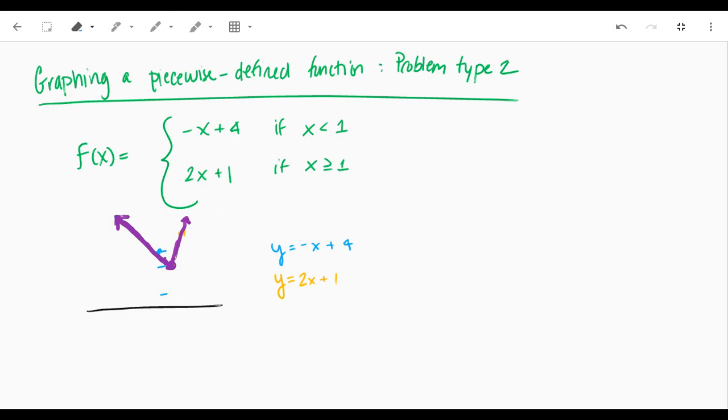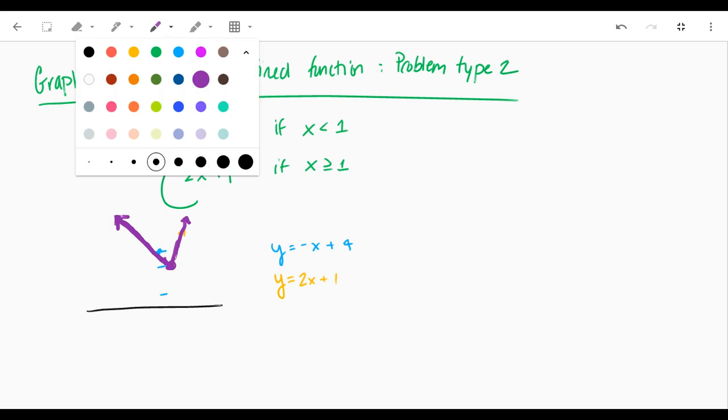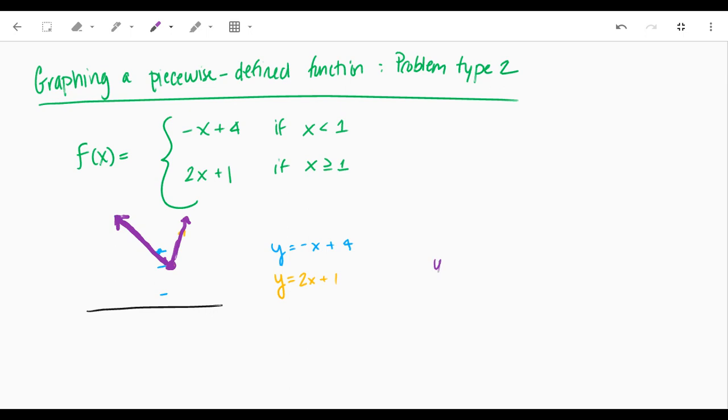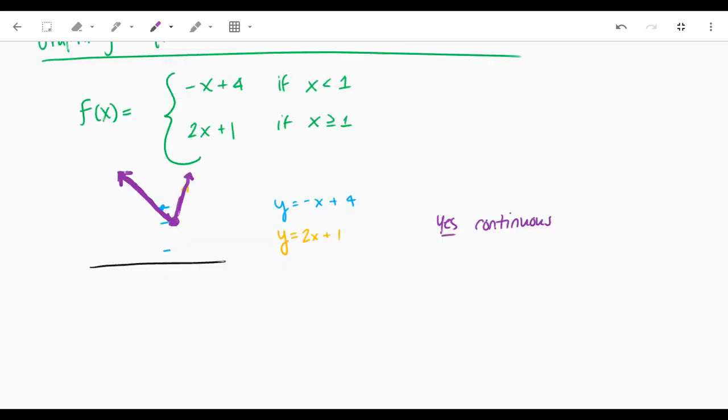But now the question also asks, is it continuous? And yes, it's continuous because I can go over that graph without picking up my pencil. An example of one that's not continuous would be if I graphed it and I had the side with the open circle and then the side with the closed circle did not match up with it.